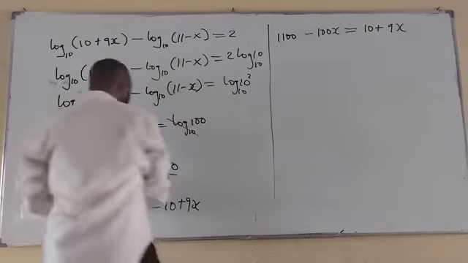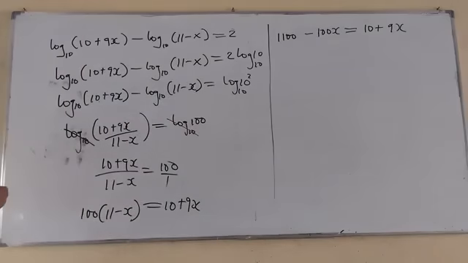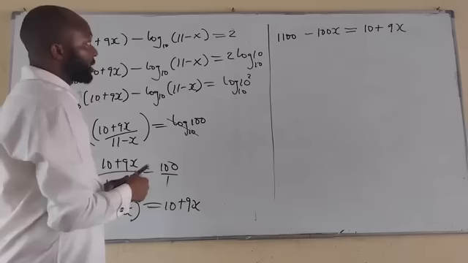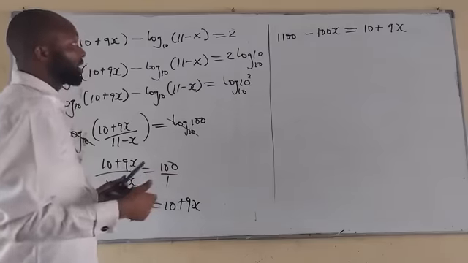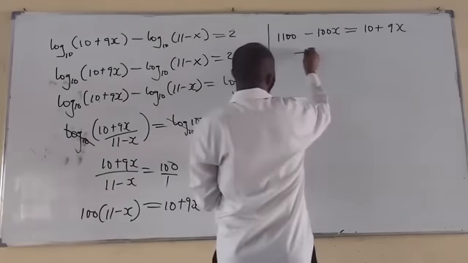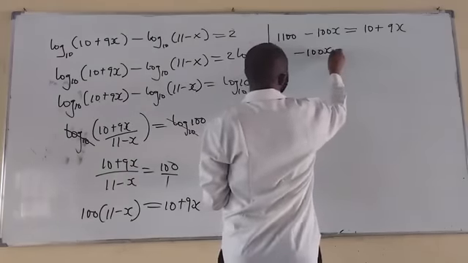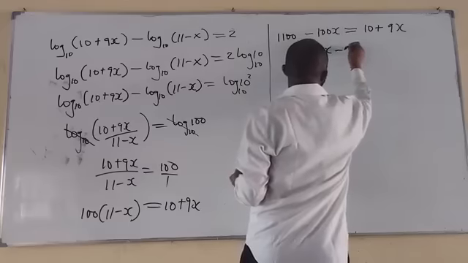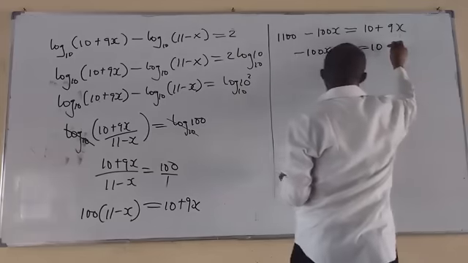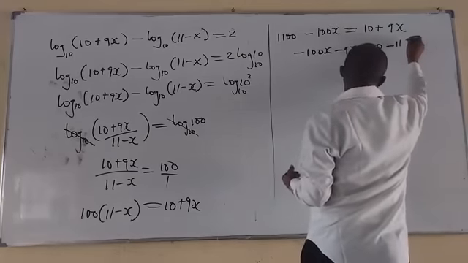I think we're good here. There is no power of 2, so there is no quadratic in this case. It's going to be smoother and faster. So here I have minus 100x. This crossover becomes minus 9x, is equal to 10. This crossover becomes minus 1100.